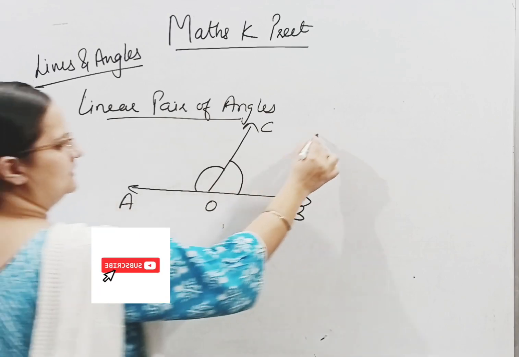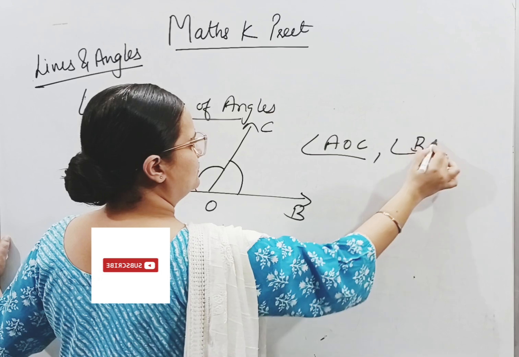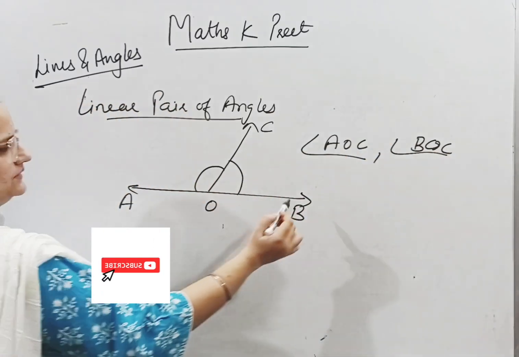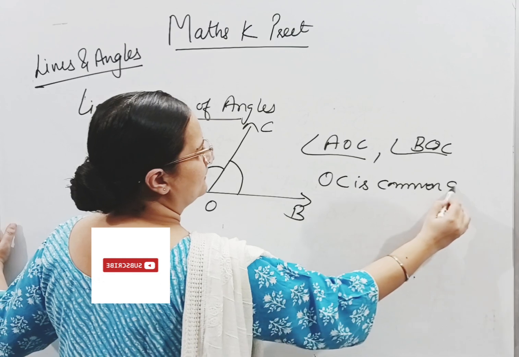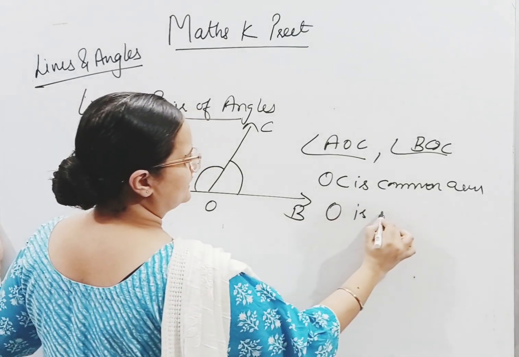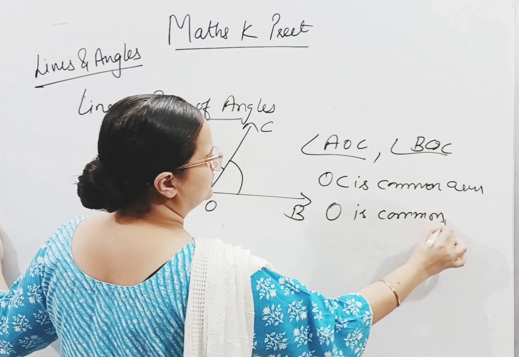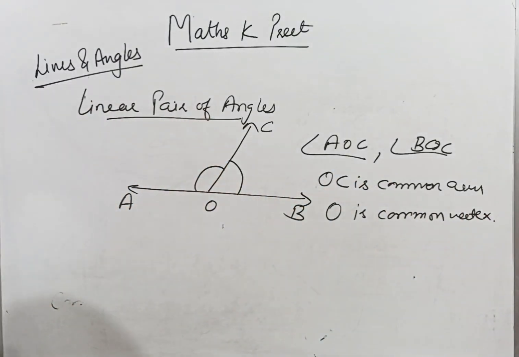Adjacent, angle AOC and angle BOC. And the common arm here is OC. O is the common vertex. So these are two adjacent angles.